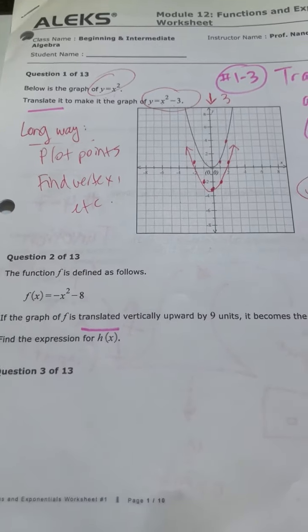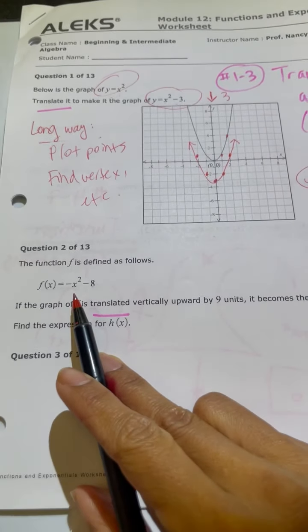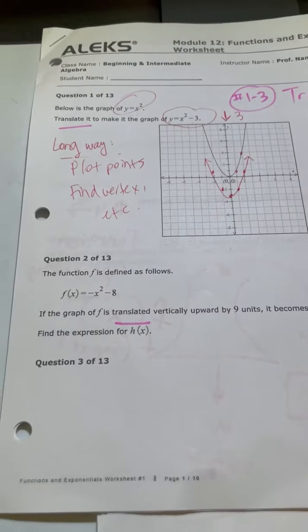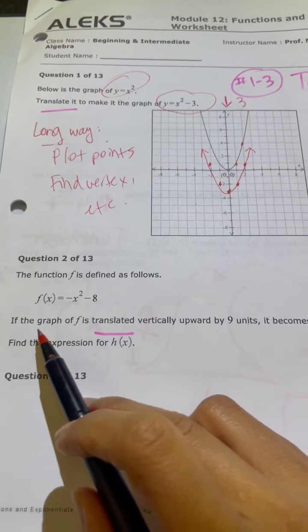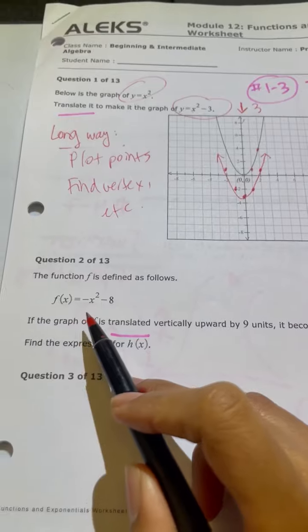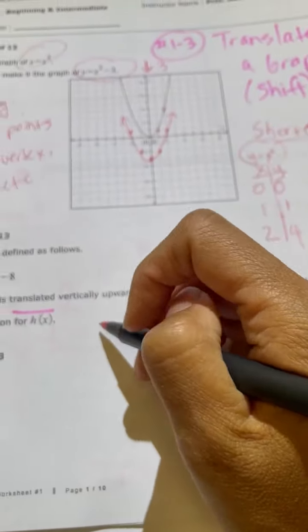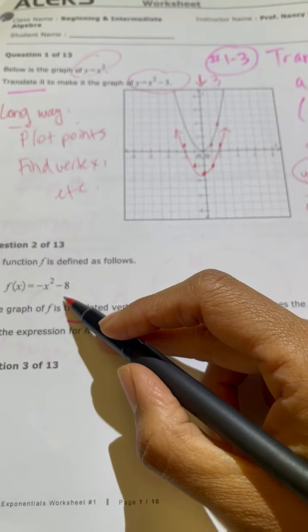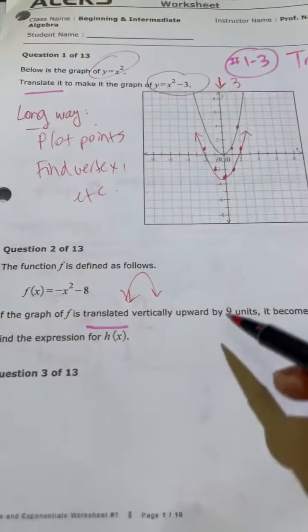Same story here with number 2. Here it gives me a function, and now there's no more graph, right? So now we're not looking at a graph, but it tells me that if this graph, whatever it looks like, I'm going to know that this graph is going to look like a sad face, because it's a negative. I know it's going to look like a sad face somewhere along the graph.